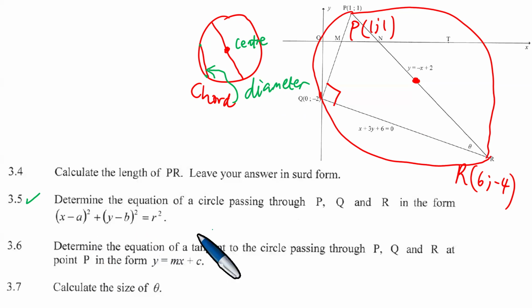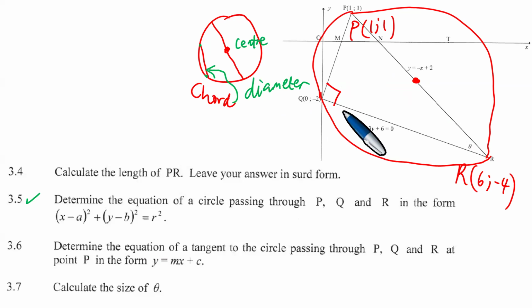So, to determine the equation of a circle passing through the points P, Q, and R, we are able to say there is a circle that passes through P, Q, and R. And therefore, this one is the diameter because it obtains an angle of 90 degrees. We know that from Euclidean geometry: it is an angle in a semicircle subtended by the diameter.